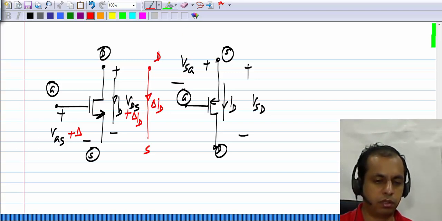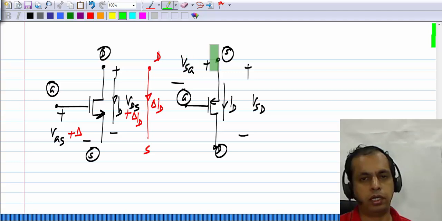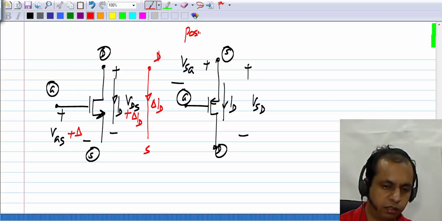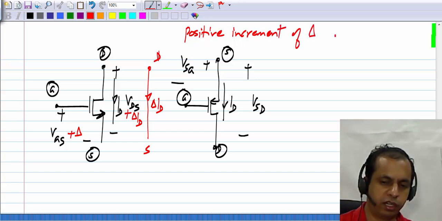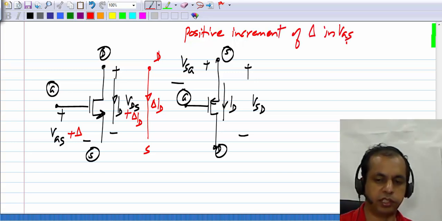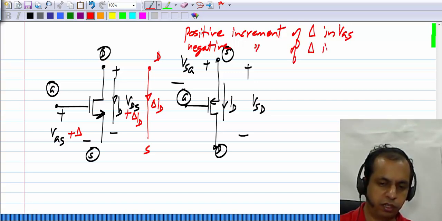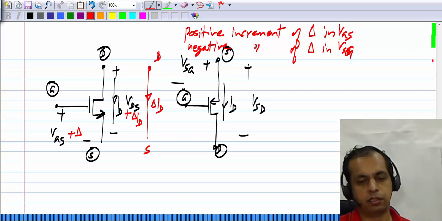Now here I have the voltage as VSG, and I'll consider a positive increment of delta in VGS. So this obviously means a negative increment of delta in VSG.